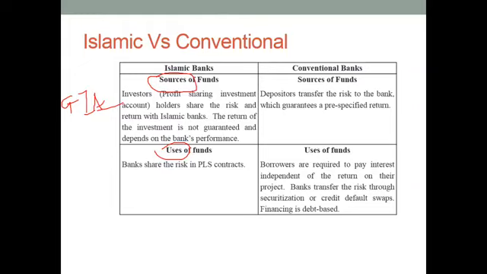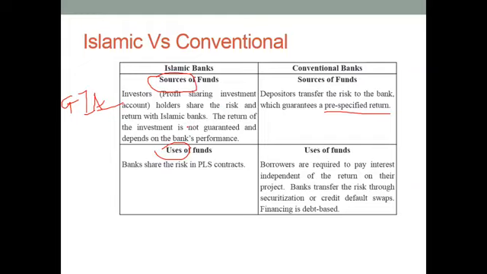If you look at the conventional, the sources of fund, depositors transfer the risk to the bank with guarantees of a pre-specified return. So it's actually predetermined. You put your deposit, the bank will pay 2% interest. But for the Islamic bank, they also take deposits, but they do not guarantee.